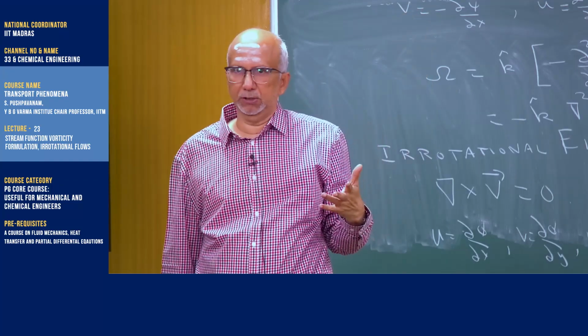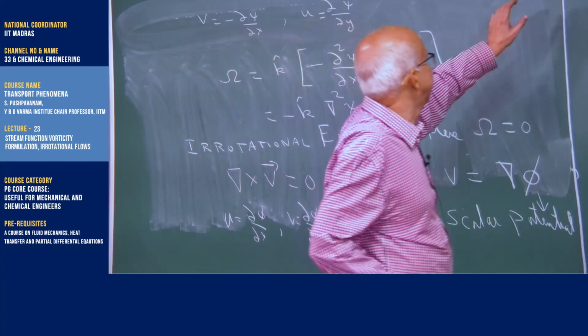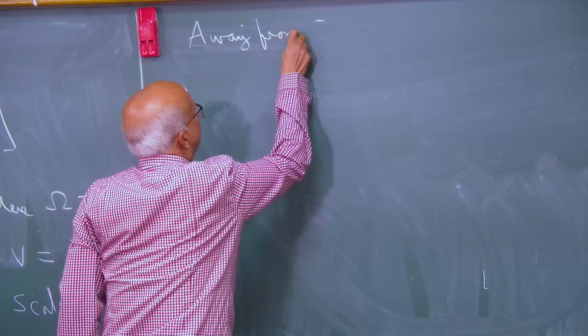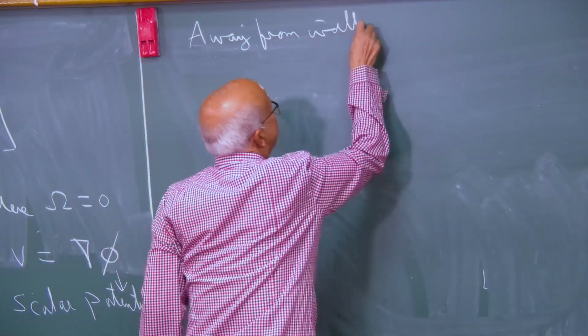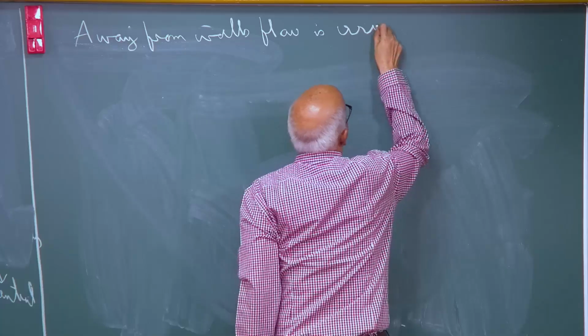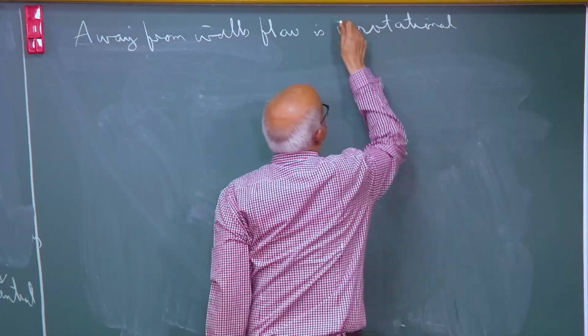Okay. So that is the whole point. So basically the point is, away from walls flow is irrotational. This is normally a reasonably good assumption.